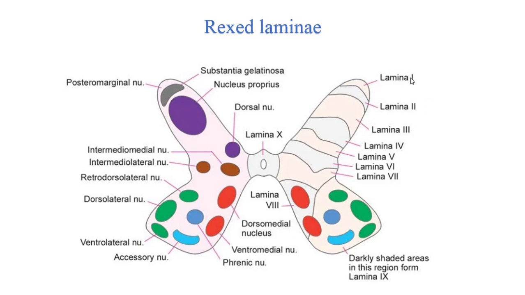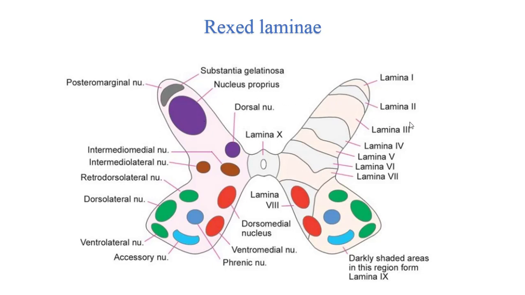So starting with lamina 1. Lamina 1 contains the marginal nucleus, and of course we already know this guy. We saw him located at the very tip of the posterior horn of gray matter. Lamina 2 in turn holds the substantia gelatinosa at the head of the dorsal horn, and the nucleus proprius sits in laminae 3 and 4, which you can see here.